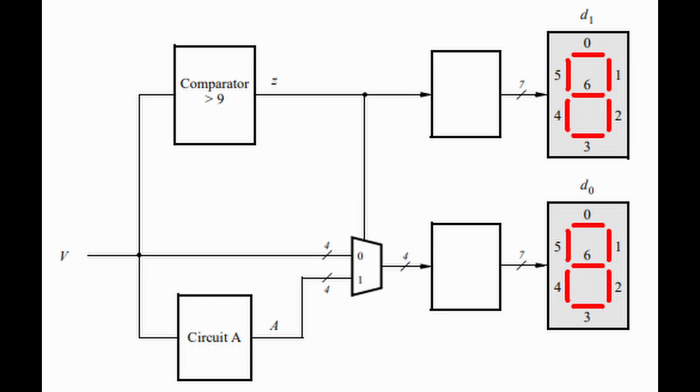So the result, the 4 bits, will be the first 4 bits of the binary coded decimal. For example, if we had 4 ones, the circuit A result will be 5 after adding 6 to it. These are decoders that we have designed in the previous tutorial.